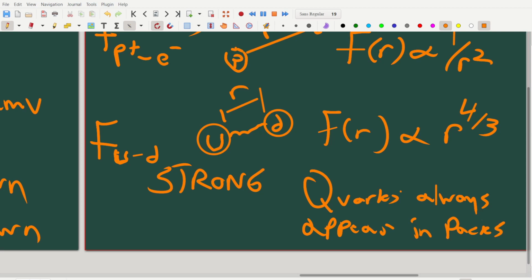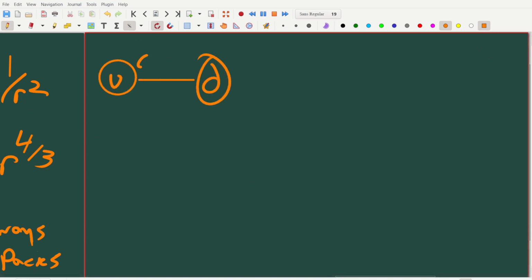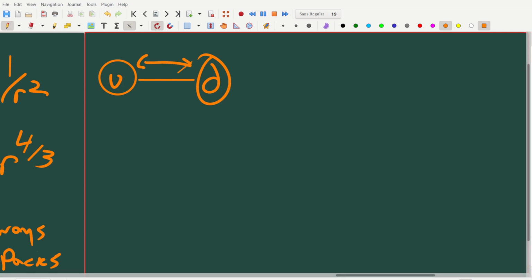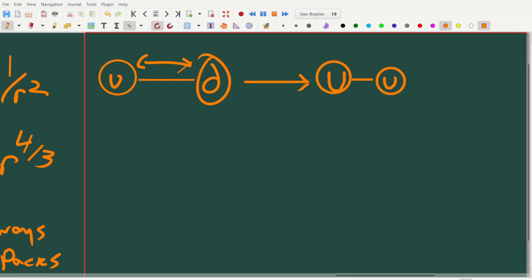So if you pull an up and a down apart, let me just draw this as an example. If I take an up and a down and pull them apart, when it breaks apart, which it does after a ton of energy, what you end up making are two new pairs, but you make what's called an antiparticle.